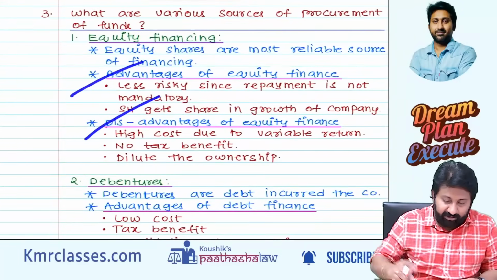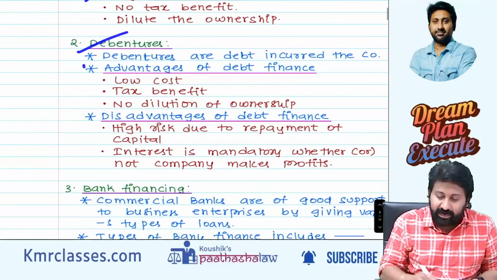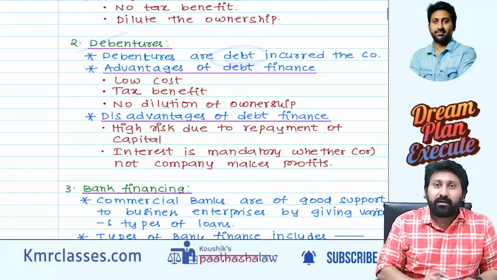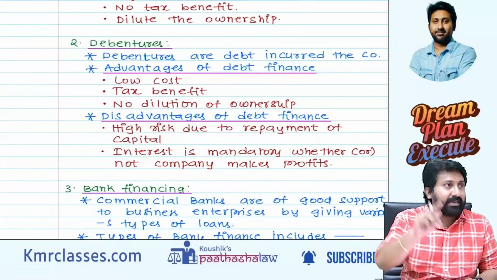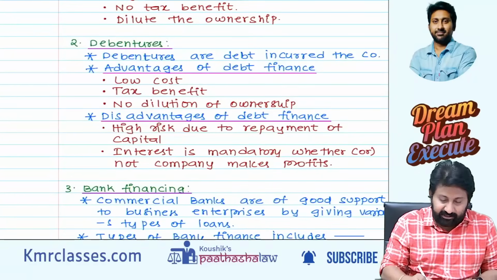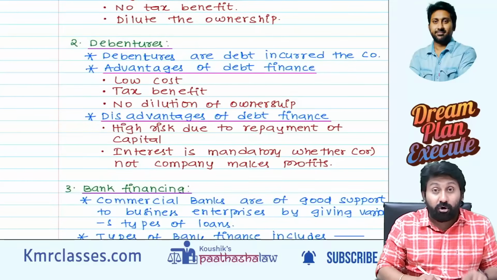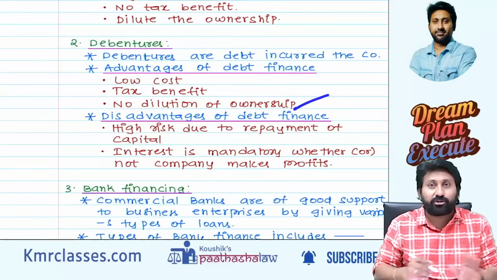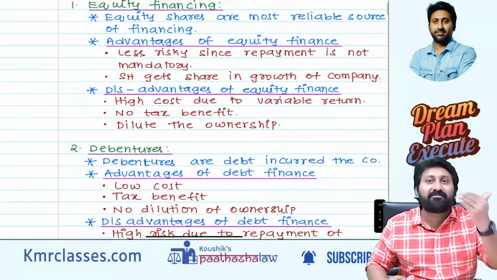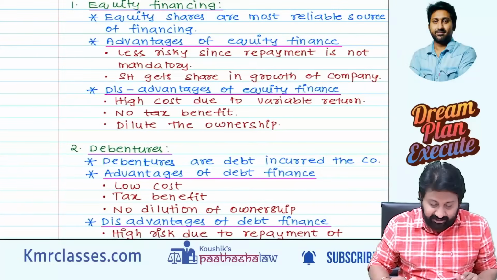So advantage, disadvantage. Next, debentures. Debenture is a debt to the company. The company takes a loan not from one bank but from the public. That's called a debenture. Advantages: KD is very less, and moreover debenture interest is a tax benefit available, and no dilution of ownership. Simply, the disadvantages of equity are the advantages of debt.